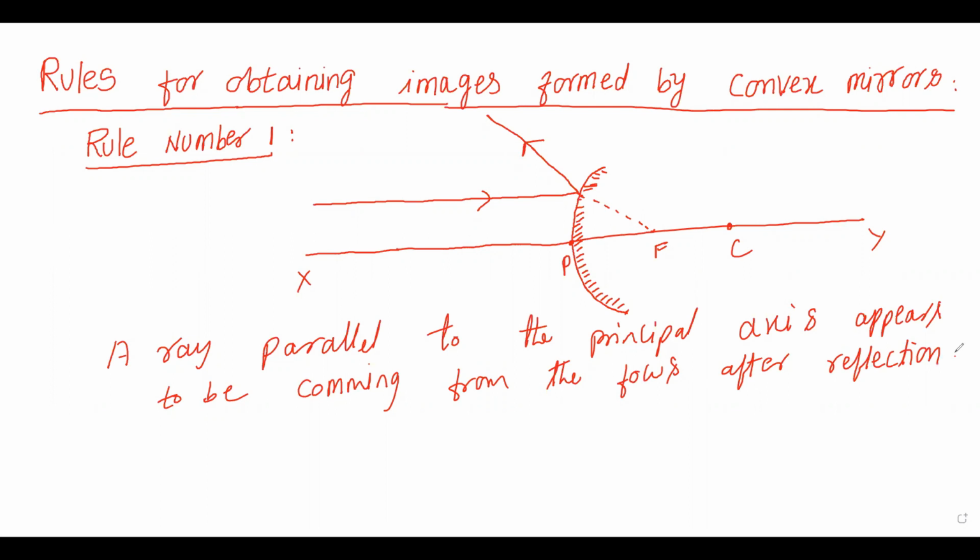Okay? So this is the rule number 1. Parallel ray will reflect in such a way that it appears that the ray is moving away from the focus. Got it? This is rule number 1 for convex mirror.